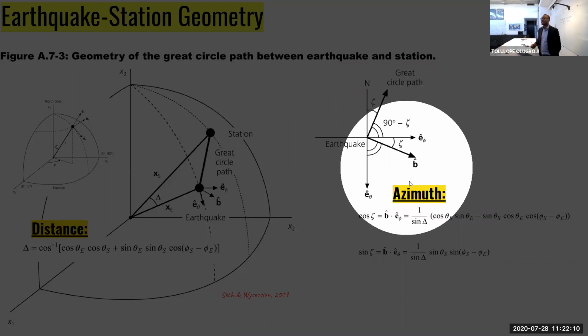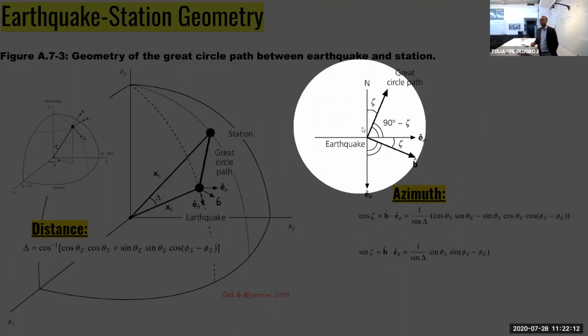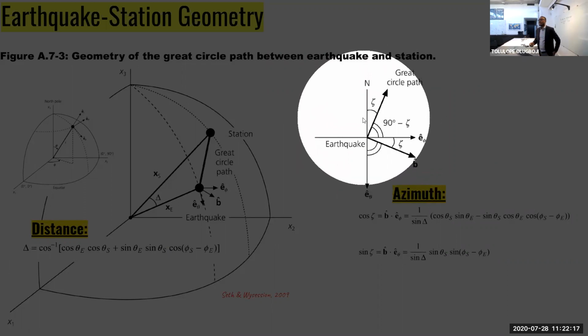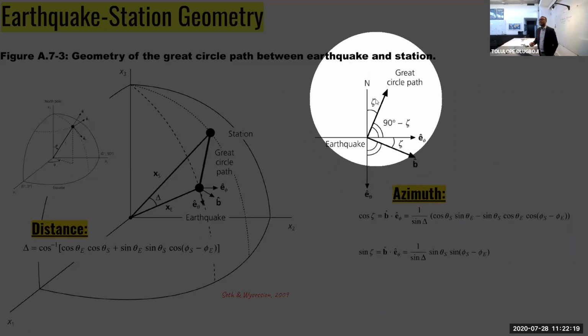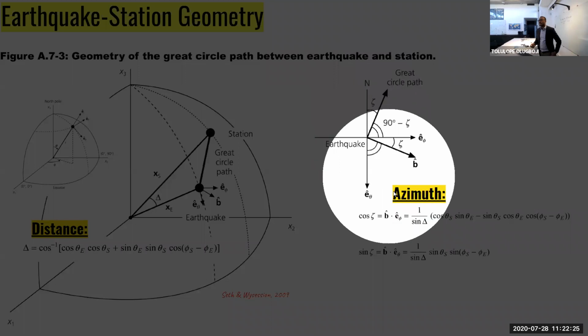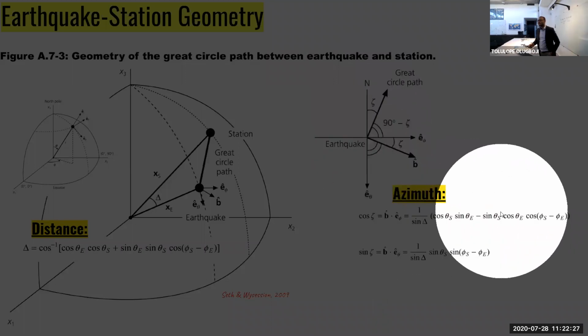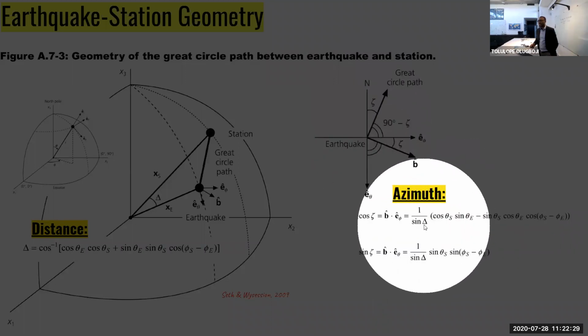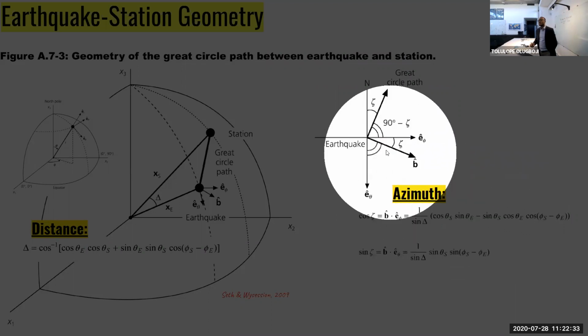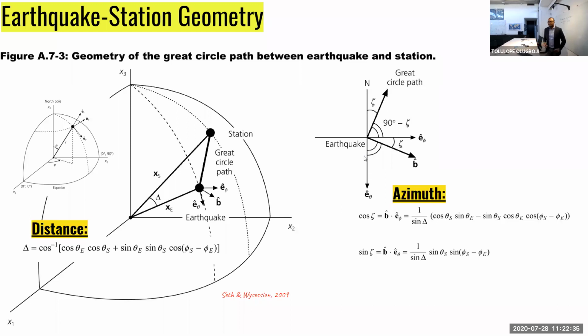Here, you can also measure the azimuth. So the earthquake wave travels along a direction where the angle xi, clockwise from north, is the azimuth of the earthquake. And that azimuth is given by this equation, also as a function of the distance and the coordinates of the stations and earthquake. So just remember that.